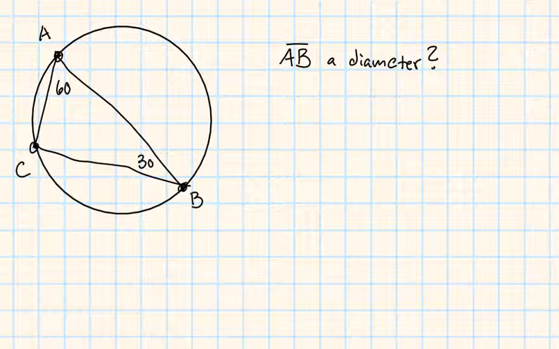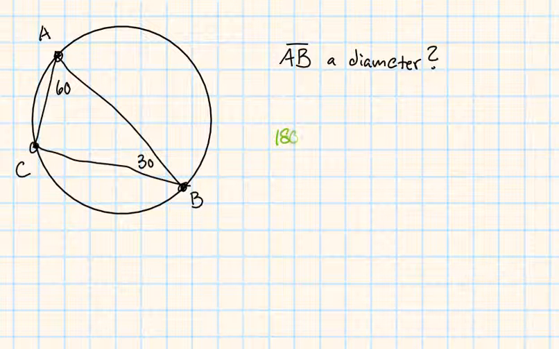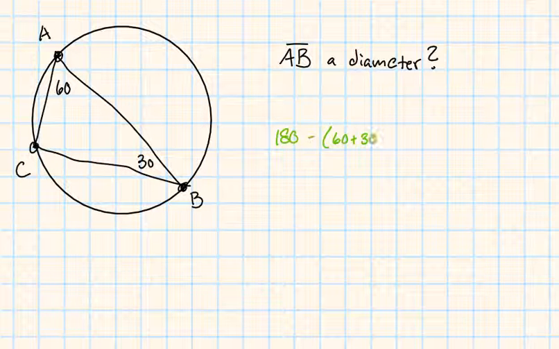Is there enough information given to us that we can figure it out? So first we just want to go ahead and look at the triangle. We are given the measure of angle A in the triangle is 60. The measure of angle B is 30 degrees. So can I find the measure of angle C, because that's a piece of information that's going to help us? We absolutely can. 180 minus the sum of 60 plus 30.